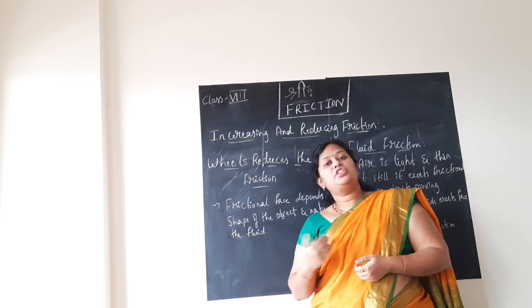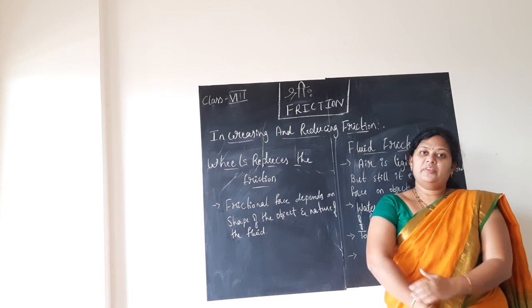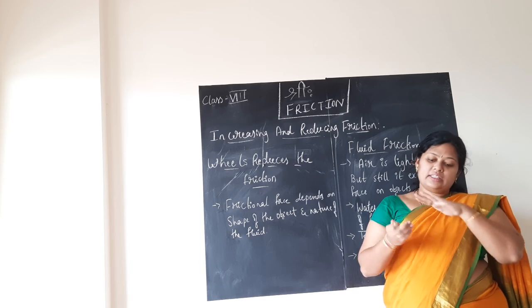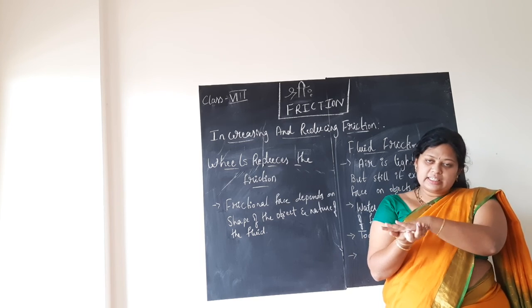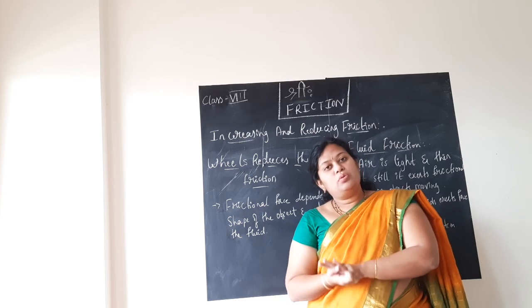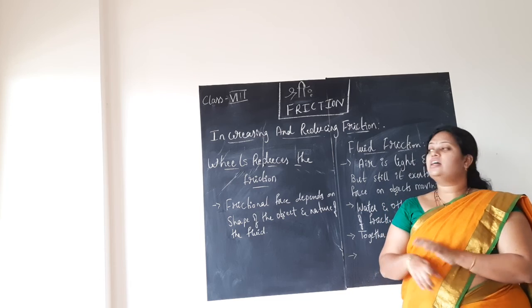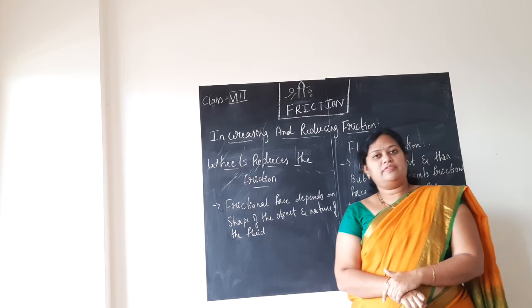But when you place the same book on the pencils and roll it, the frictional force is reduced so that the book will move for a longer distance. Hence they say wheels reduce friction.